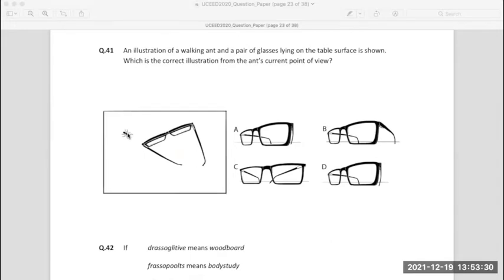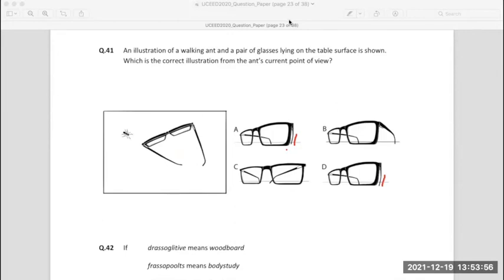If somebody says A, what is the difference between A and D? The length of the stick. The angle of the bottom part. You are saying this stick and this stick, right? The first one.